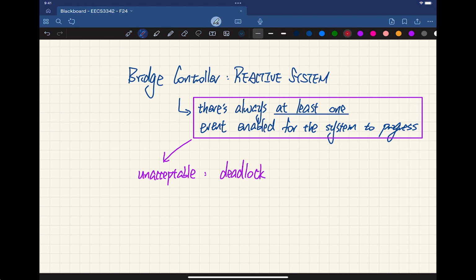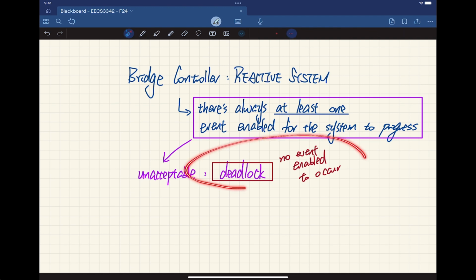Deadlock simply means no events enabled to occur, so your system basically gets stuck. No way to make any progress. Okay? And now, based on this, we want to sketch out the mathematical condition for that. All right?